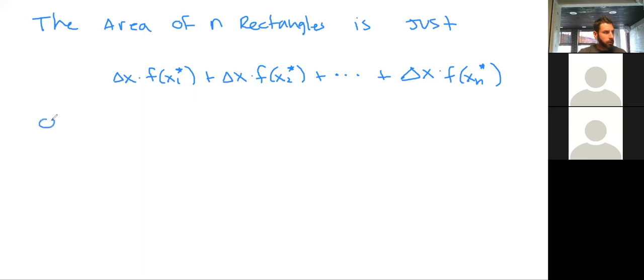But we typically don't like to write it this way. We typically like to write it in the following way. We know each one of them has a factor of delta x, so we could factor it out.